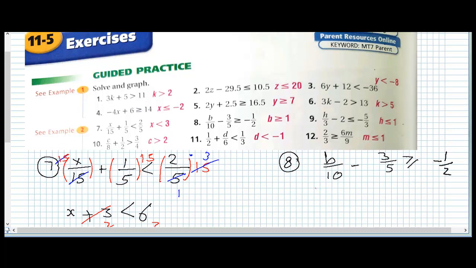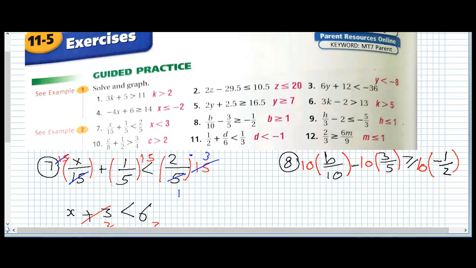How will we remove them? By multiplying all the terms by the biggest number. Here it is 10, but I have to make sure that 10 is divisible by 5 and by 2. So I will multiply everything by 10.